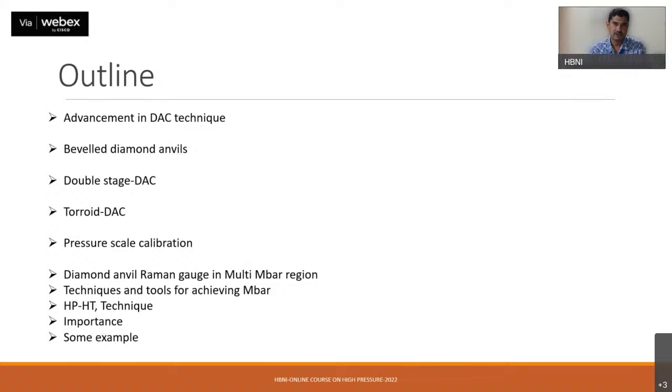I will talk about recent advancements in diamond anvil cell techniques like double stage DACs, toroidal DACs, and recent developments in pressure scale calibration. And if time permits, I will talk about the diamond anvil Raman gauge in the multi-megabar region, and techniques and tools for achieving high megabar pressures. And in further lectures, I will talk about high pressure, high temperature techniques, their importance and their examples.